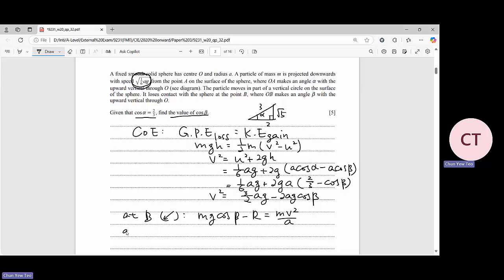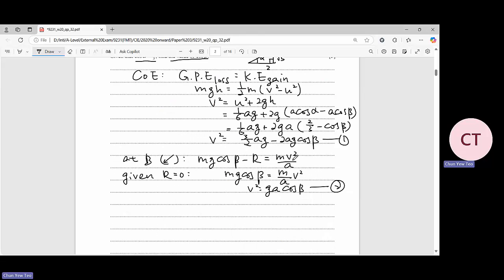Given R equal to 0, you have mg cos beta equal to m over a v squared. So you have v squared equal to ga cos beta. That is your equation 1, and the earlier one is your equation 2.